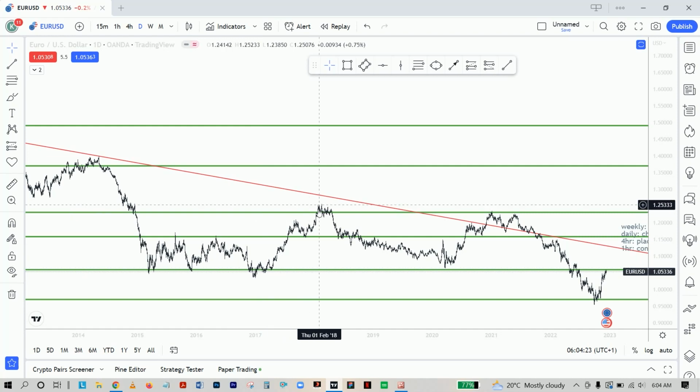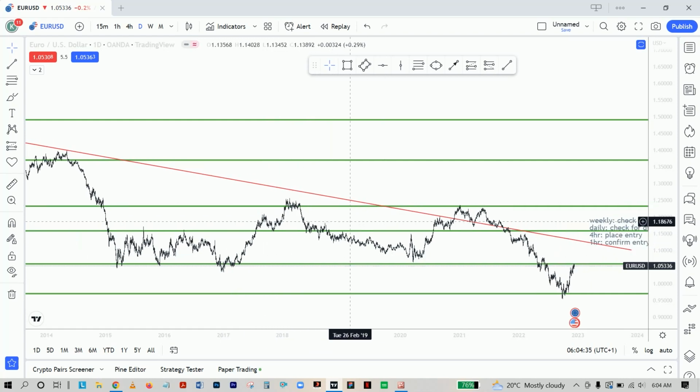So I have some criteria that make me determine when I actually place my trade or enter a market like this. All right, I have reasons that make me enter a pullback market like this.